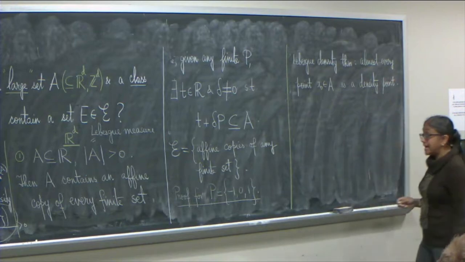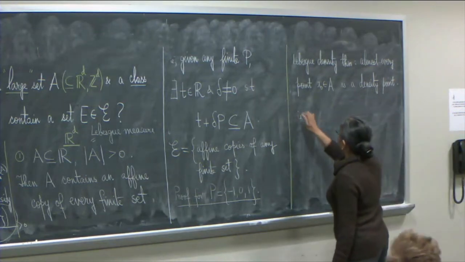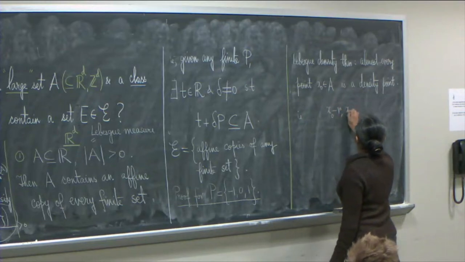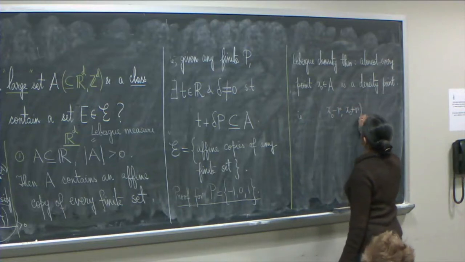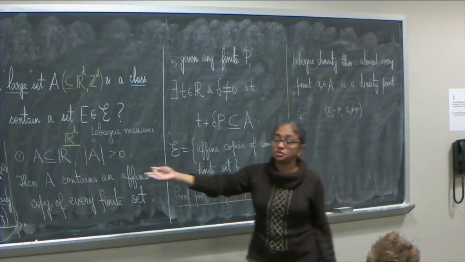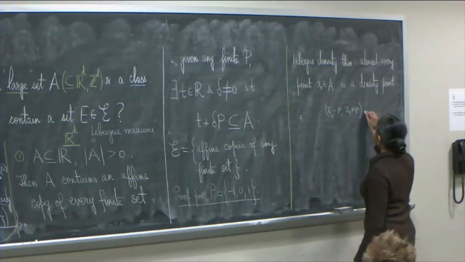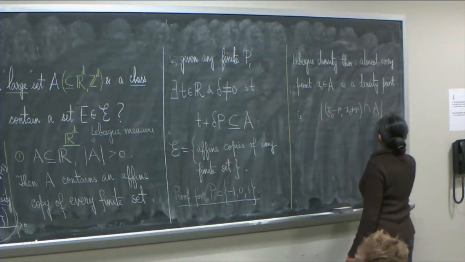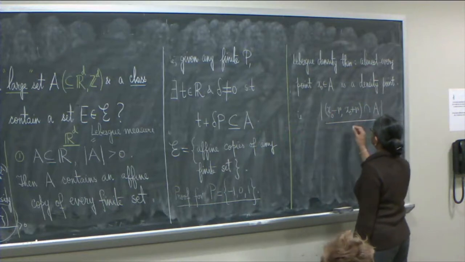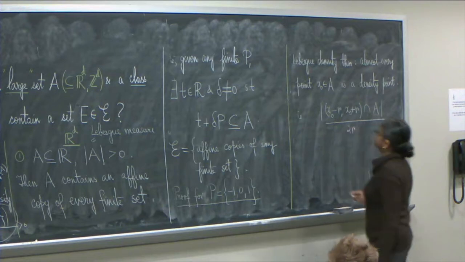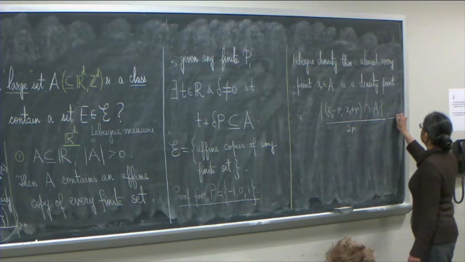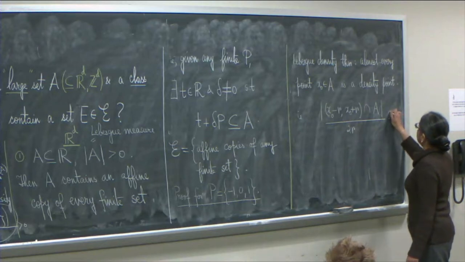What does that mean? This is going to start looking very similar to this whole positive density business. If you look at how much of the interval of radius r centered around x0 is occupied by A, that proportion converges to 1 as r goes to 0.